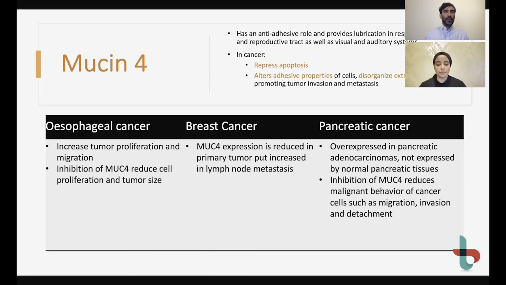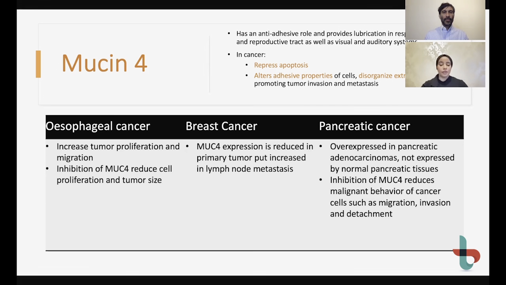What we believe from research and papers is that mucins in general, because they disorganize the extracellular matrix, help tumor invasion, and as a result, they promote metastasis. So in the context of pancreatic cancer, there is overexpression of mucin-4.